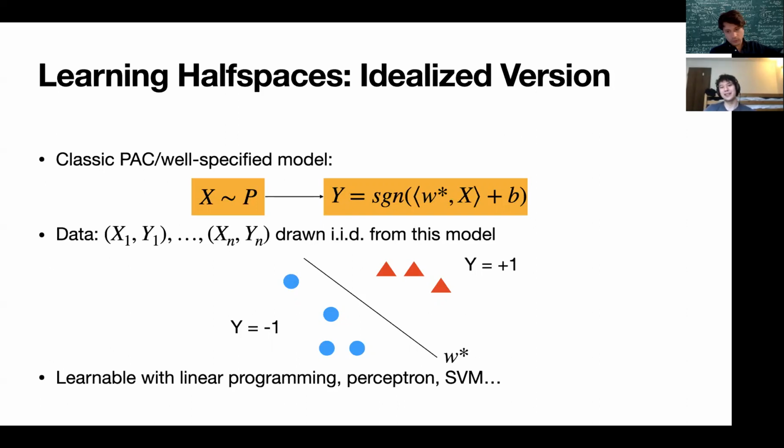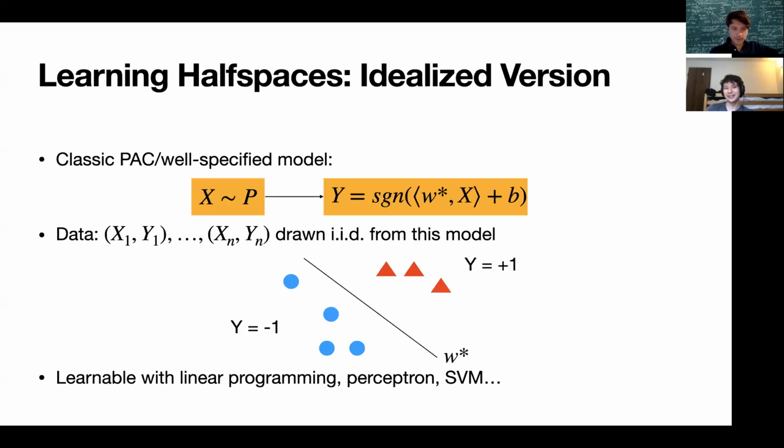But we're going to have different levels of assumptions about the conditional law of Y given X. Here's the simplest possible thing, which is called the realizable model: there is some underlying half-space W star. The way a label is drawn is, for every data point X, I look at whether I am on this side of the half-space or that side. If I'm on this side, I label it +1. There are red triangles in the picture. And if I'm on the other side, I label it -1.